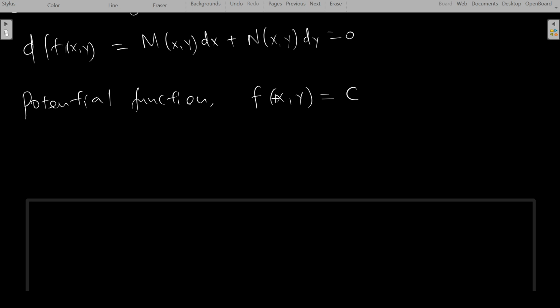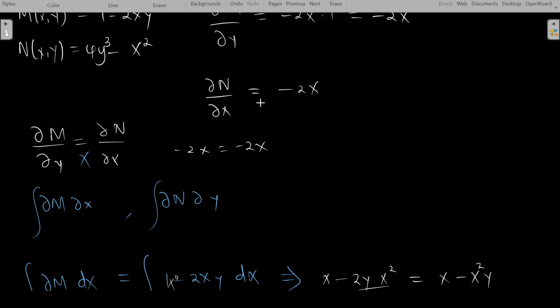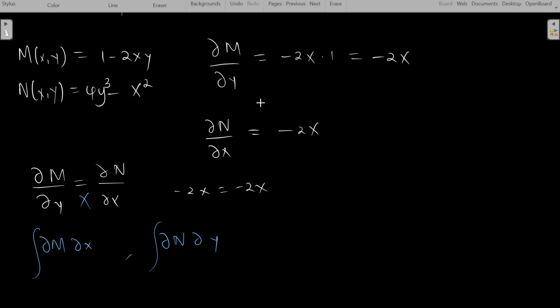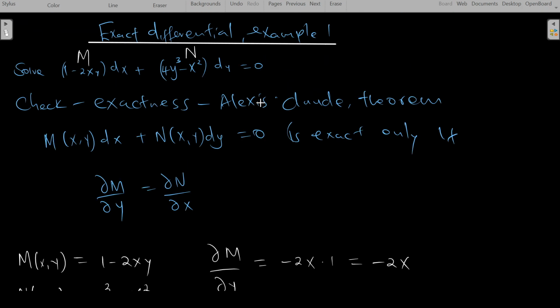This potential function is our original function. For example, we had a function and, using implicit differentiation, we were able to calculate the derivative of this function. So this is our first derivative obtained using implicit differentiation. For us to get back to the original function, we must use the exact differential.